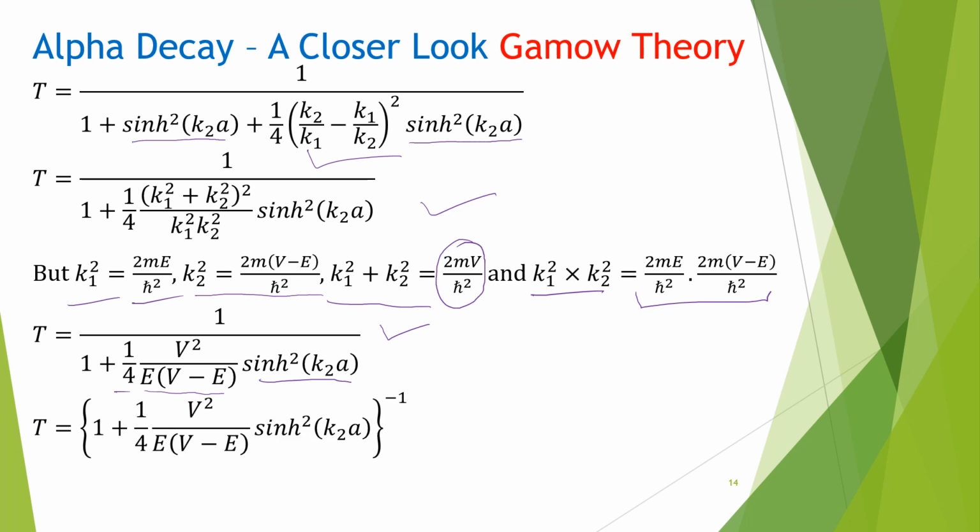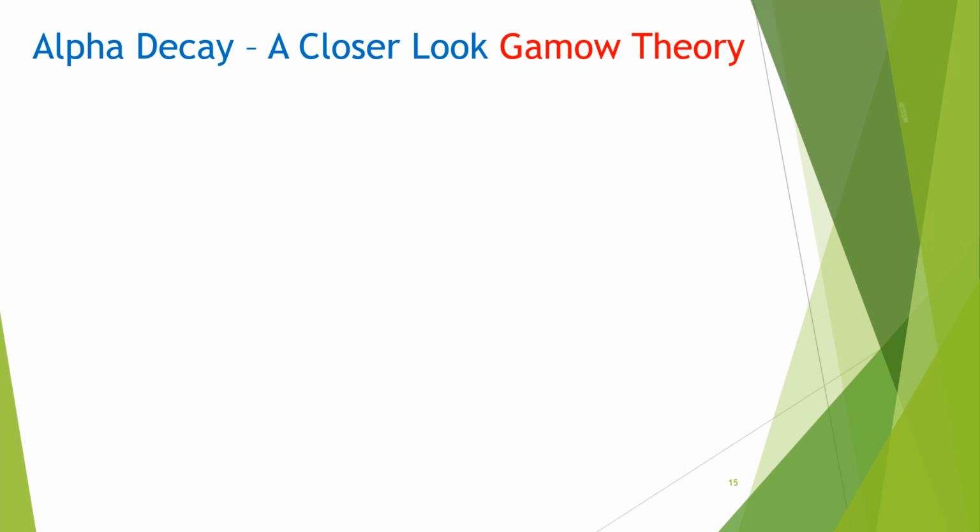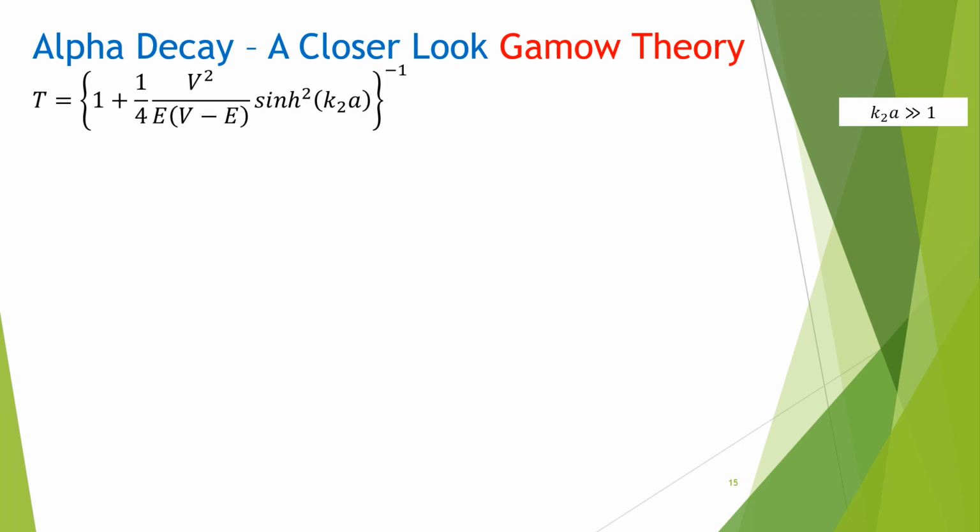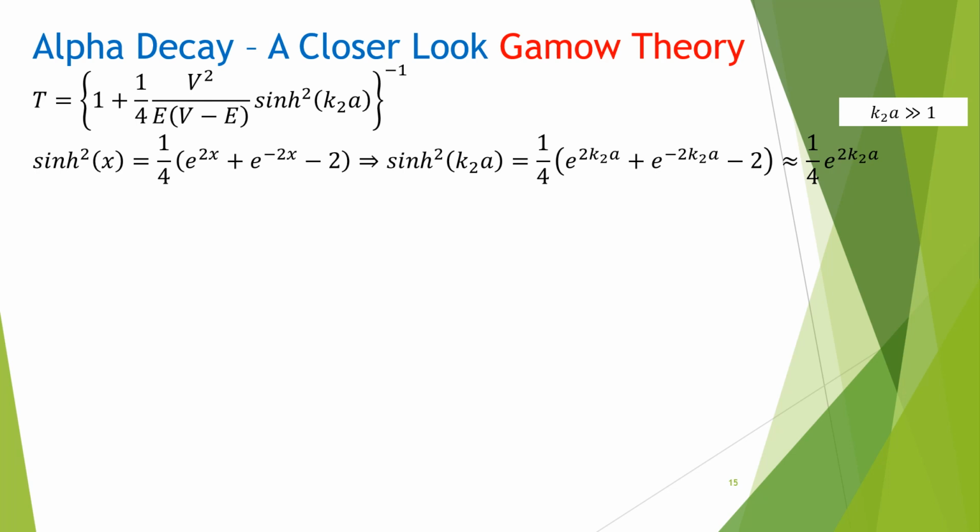Now this I want to write with the same quantity to the power 1. Instead of 1 by x, I am writing x to the power minus 1, and now I am rewriting this expression as T equal to 1 plus 1 by 4 V square upon E into V minus E sin square K2A to the power minus 1.